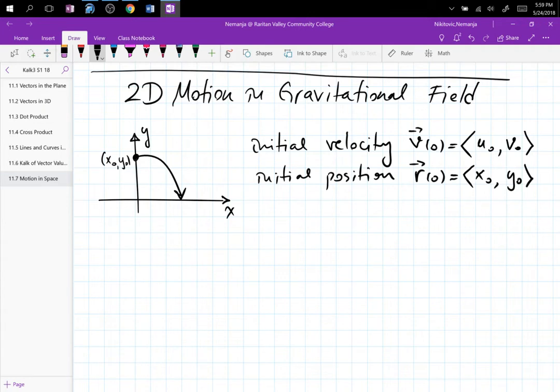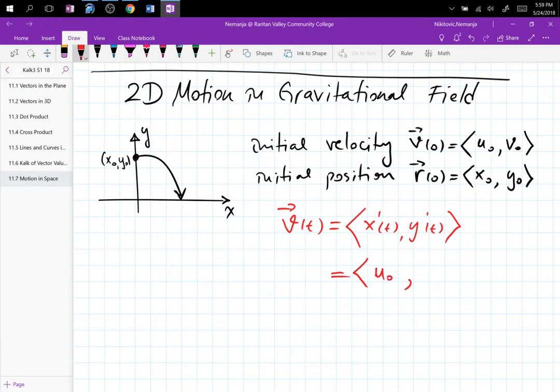So what do I have? If all of that is considered, we have that the velocity of t, which is the vector valued function, is given as x prime of t, y prime of t. And that is equal to u0 and negative gt plus v0. Now, these formulas are actually known from physics. Let me also write the position, r of t.